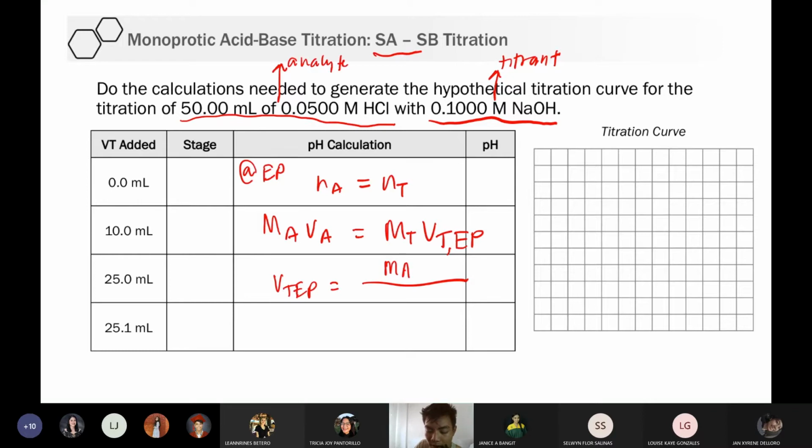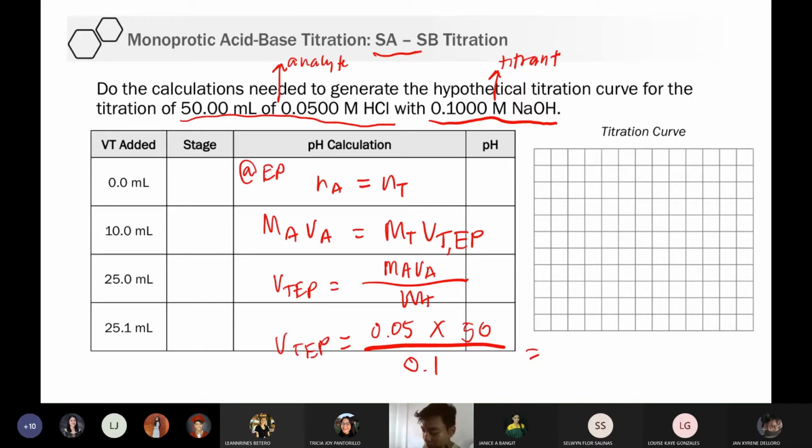So solve mo yung VTEP. That's MAVA divided by MT. Ano yung molarity ng analyte? Sabi dito 0.05. Volume analyte 50 ml. ml gagamitin natin sa volume ha. Molarity ng titrant 0.1. So ano yung volume ng titrant at equivalence point?